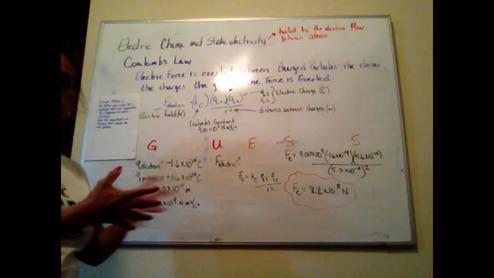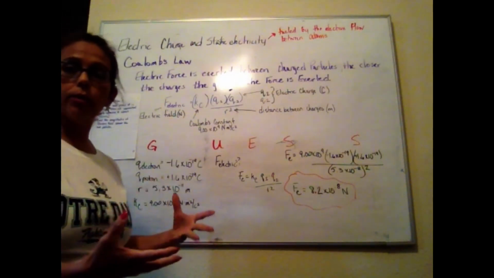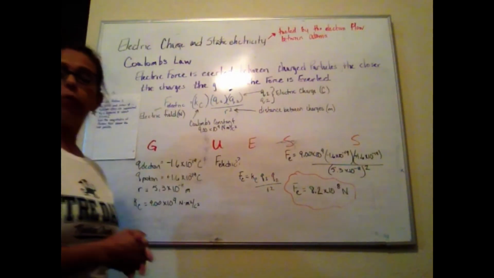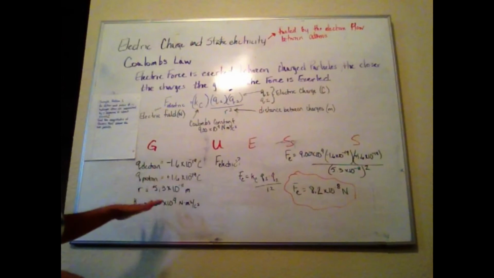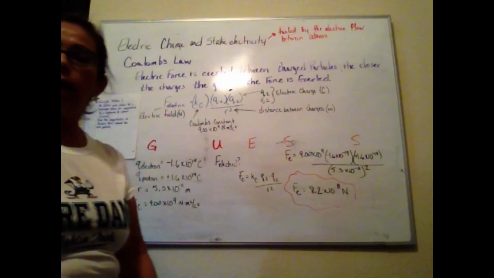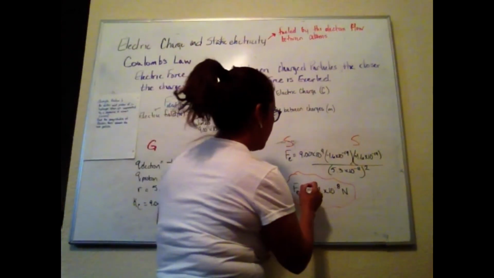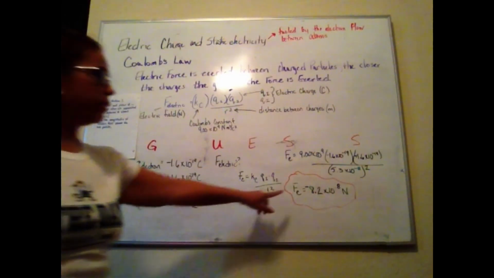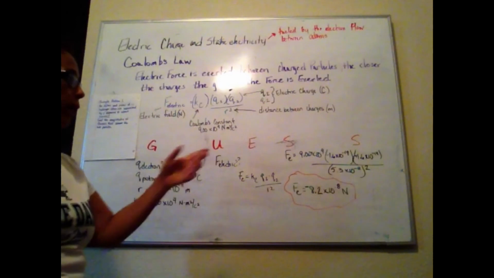Whether it's an attractive force because they are opposites, or a repelling force because they are similar in charge, it doesn't matter. We can calculate the force. In our equation, in this case, we have a negative with a positive, and the force at the end is negative. But this does not affect our overall value, because the negative only indicates the direction the force is toward.